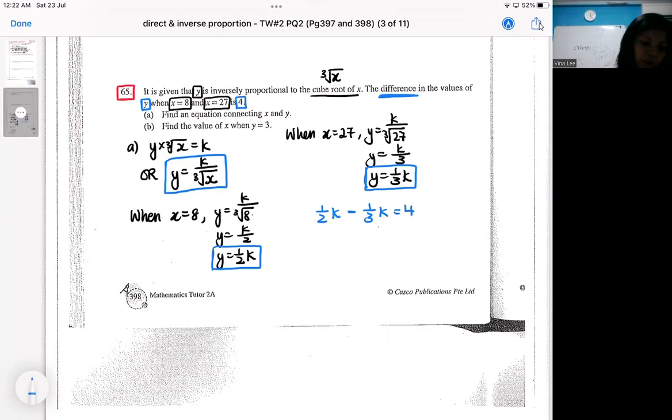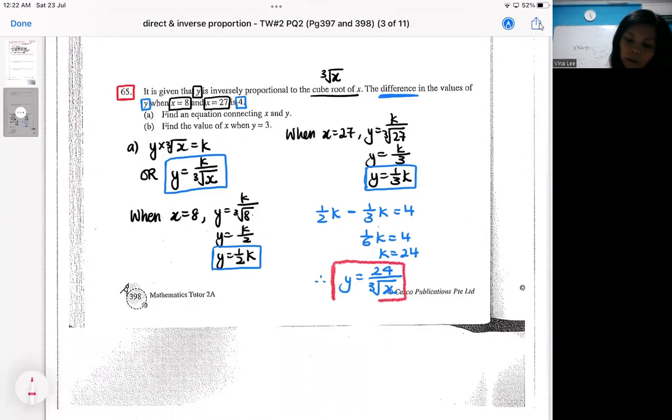So you can punch calculator, you will get 1/6 k, and from there k is 24. So the equation will be 24 over cube roots of x.